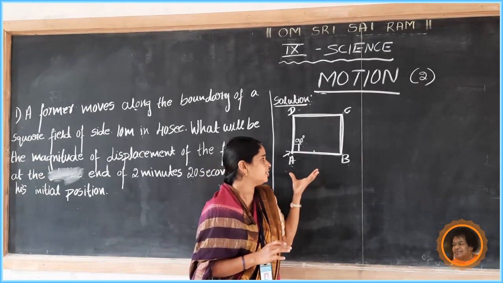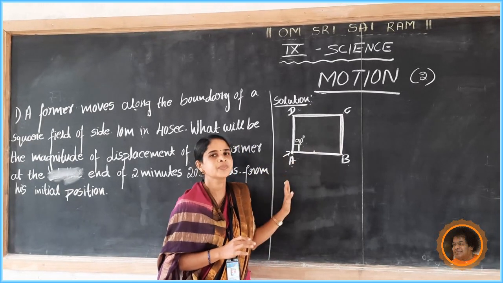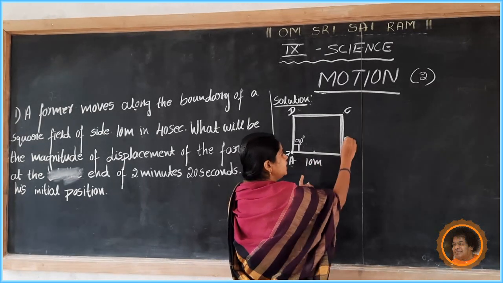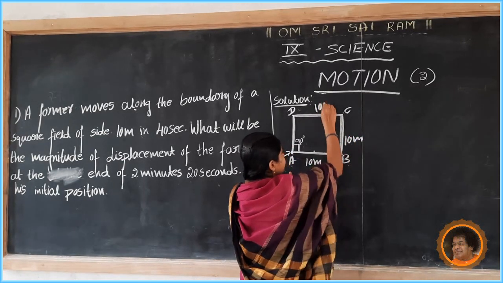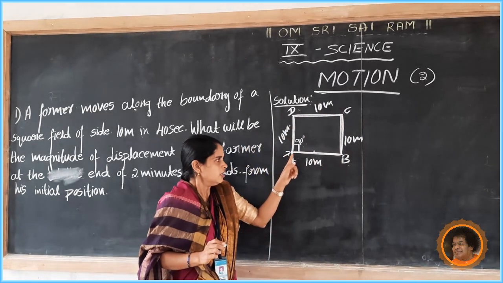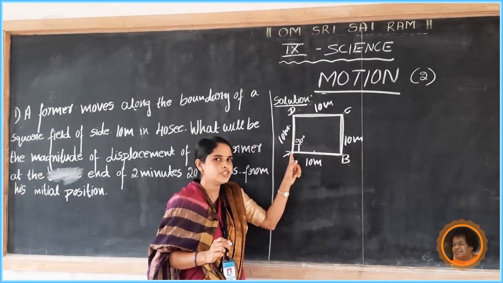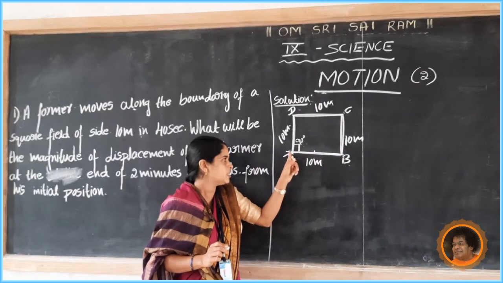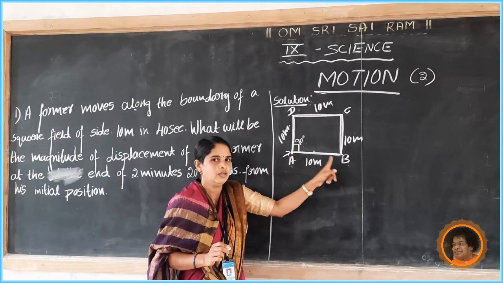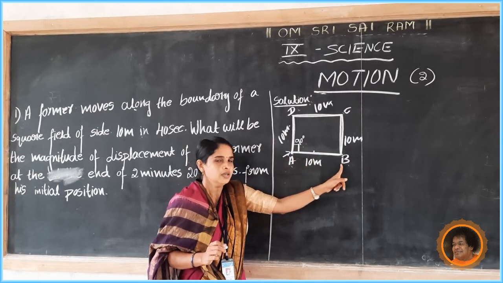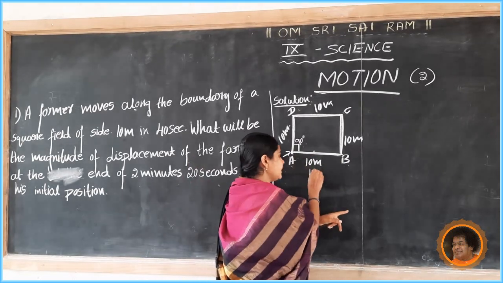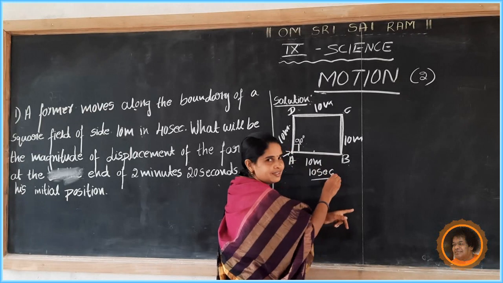Now see here, ABCD is a square, and AB is 10 meter, and here also 10 meter, 10 meter, 10 meter. He is at position A and starts moving from A to B. He covers the 10 meter distance in 10 seconds.